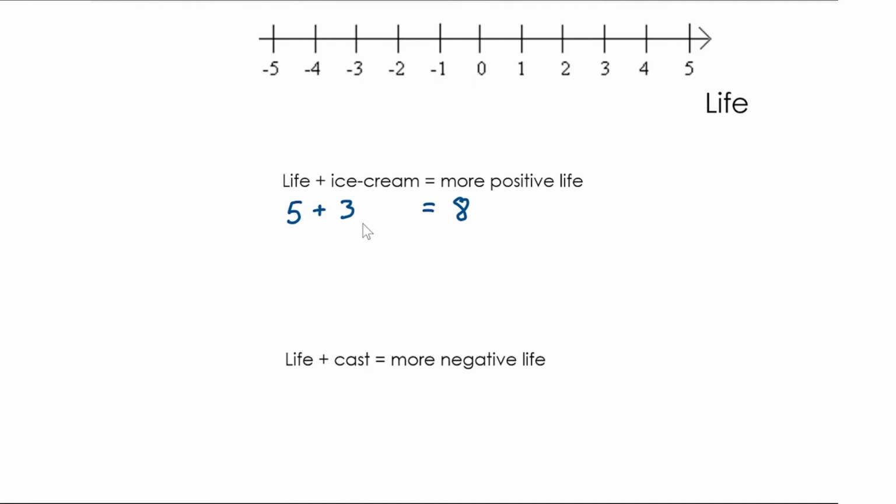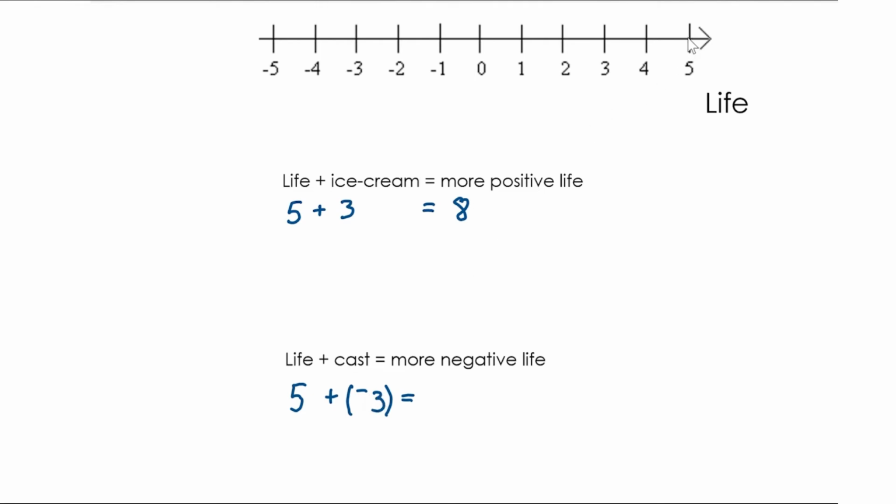But we also learned that life plus cast, so something negative, should give you a more negative life. So if we take the very same life and we add to it a negative number 3, and I will put brackets around it to make it easier to see that it's a negative number, then that 5 should be reduced by 3 because the life should become more negative.